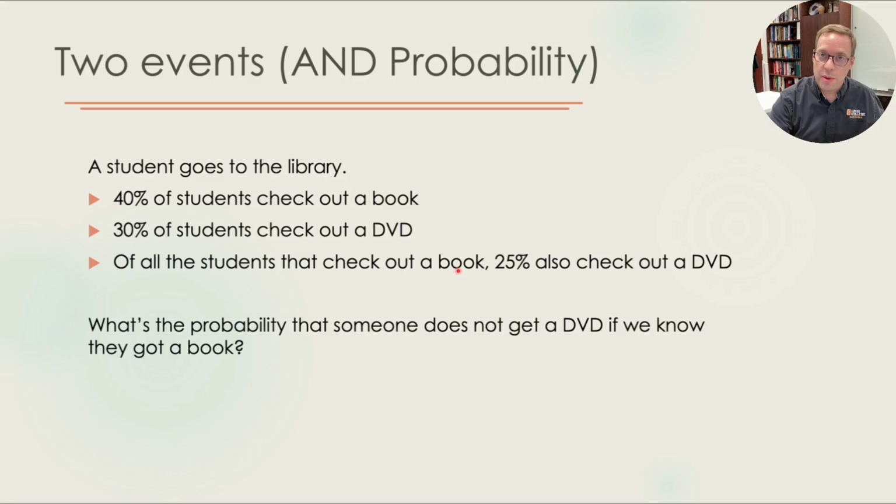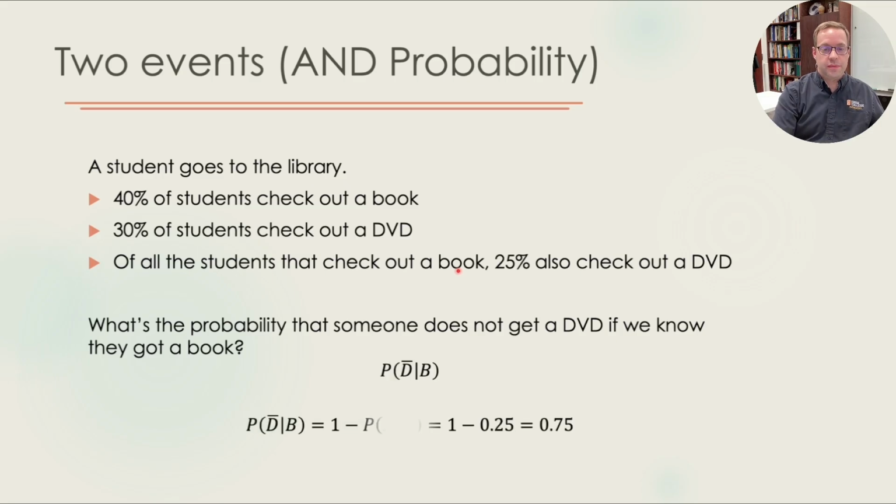Here we just take a complement. So the probability of not getting a DVD, given that they got a book, it's just going to be the complement. 1 minus 25%, which is 75%. That's the rest of the group. 25% of the people who got a book got a DVD. The other 75% did not get a DVD.